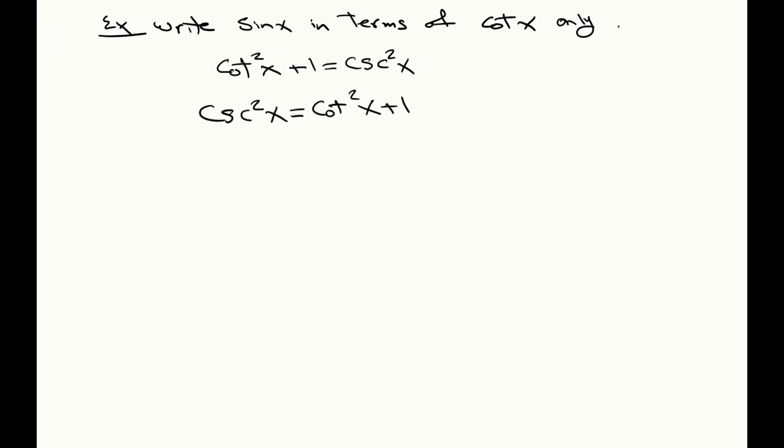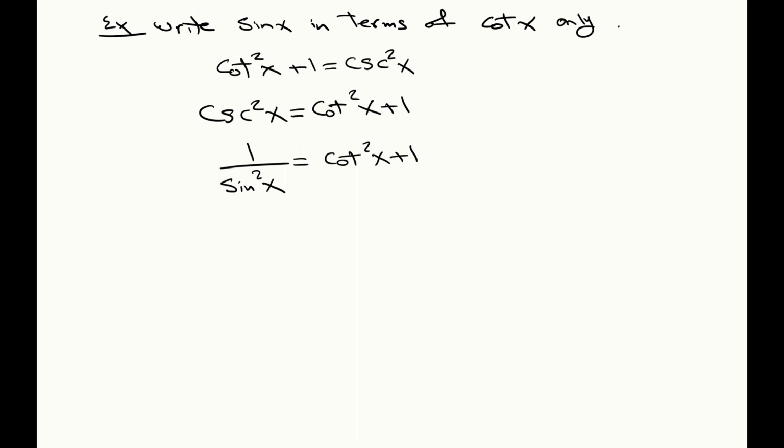So since I'm trying to get an expression for sine, I know I can quickly turn cosecant squared x into 1 over sine squared x. So I get 1 over sine squared x equals cotangent squared x plus 1.